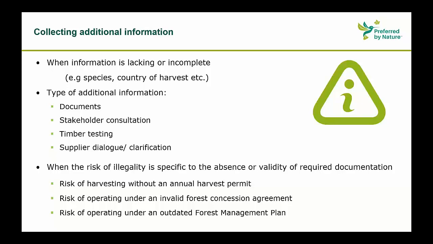And then there's timber testing, which is really useful in certain circumstances. It does have its limits, and you do need to understand when it can be applied and how to interpret the results. But particularly around things like the risk of mixing in composites, if you have tested for the species in your composite and that gives you the list of species, then the risk of mixing with an unknown species is mitigated because you can show that.